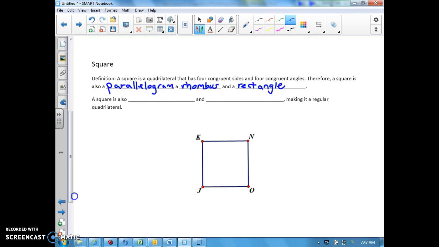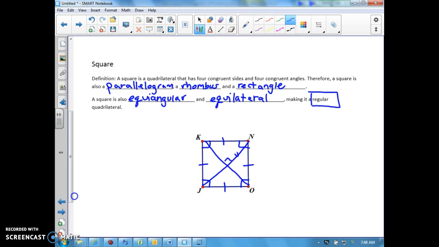A square is also equiangular and equilateral, making it a regular polygon, or the regular quadrilateral. So that means that all 4 of my sides are congruent and all 4 of my angles are congruent. Well, we also will know that my diagonals both are perpendicular and congruent. Lots of cool things with squares.